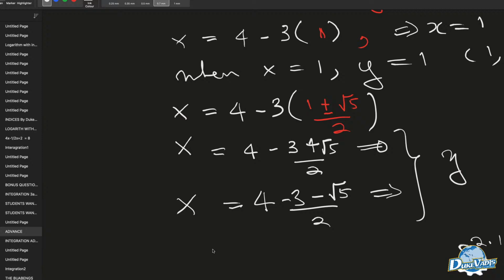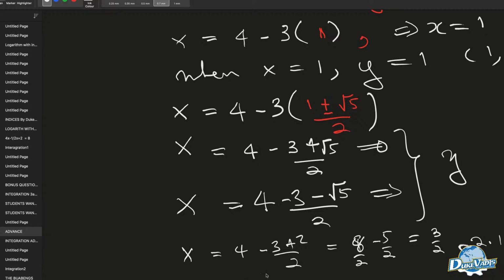So let's take it to be 2, for a plot for instance. So our first x will be 4 minus 3 plus 2 all over 2. That will give us 4 minus 5 over 2, so 8 over 2 minus 5 over 2, which gives us 3 over 2.